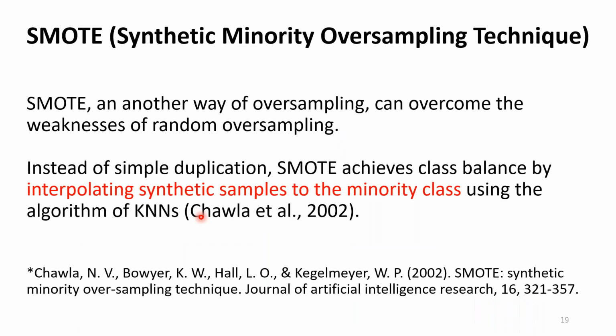Recent studies use SMOTE, the synthetic minority oversampling technique. SMOTE is another way of oversampling, which can overcome the weakness of random oversampling. In SMOTE, class balance is created by adding synthetic samples to the minority class instead of simply duplicating the data points.